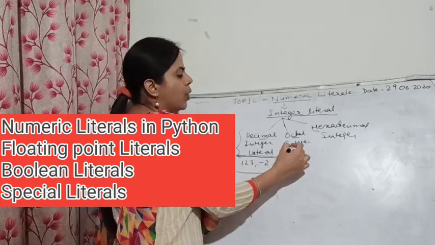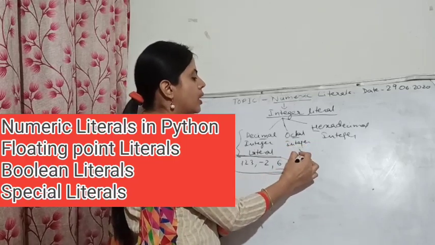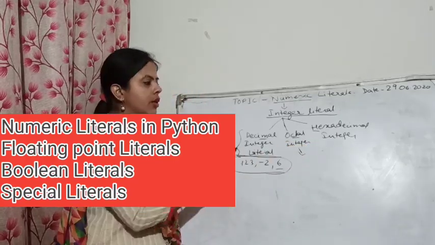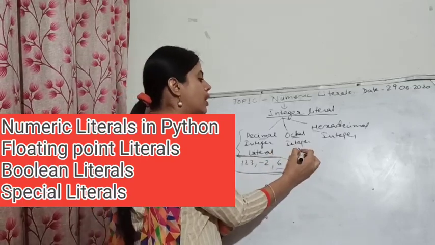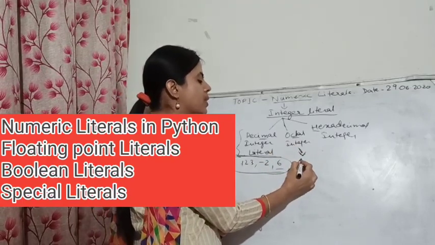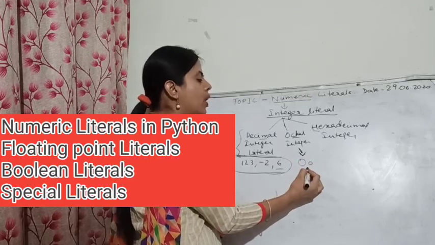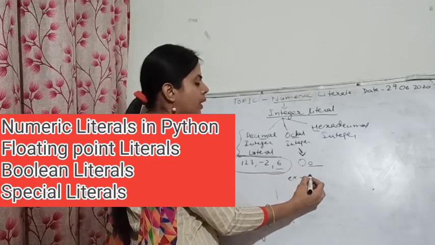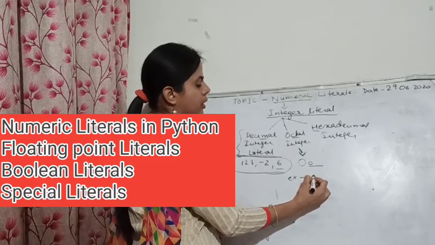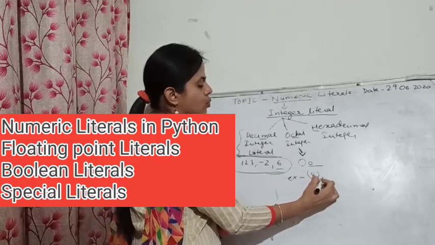Okay. Now what is an octal integer literal? An octal integer literal means a decimal integer literal represented in the form of octal. So octal integer literals are written preceded by 0 and O and then the number. For example, 8 to the base 10.